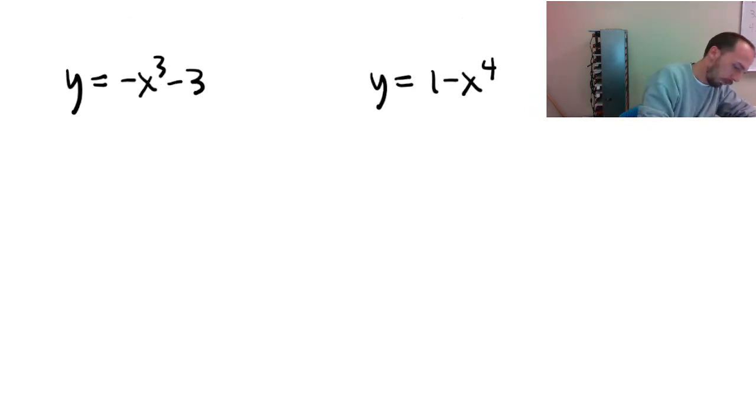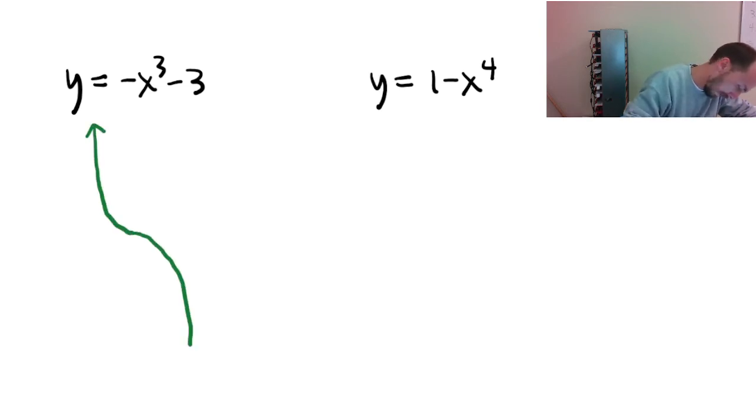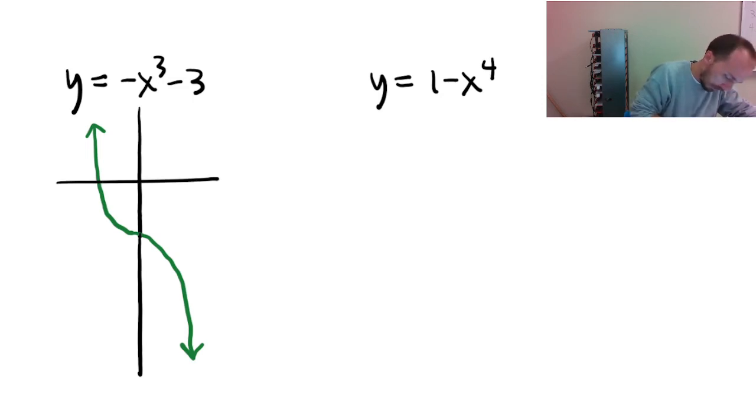With these two, negative x cubed looks kind of like that. And negative x cubed minus 3 would just be down by 3 from the regular negative x cubed. And so, like that. And then 1 minus x to the 4th is like negative x to the 4th plus 1.